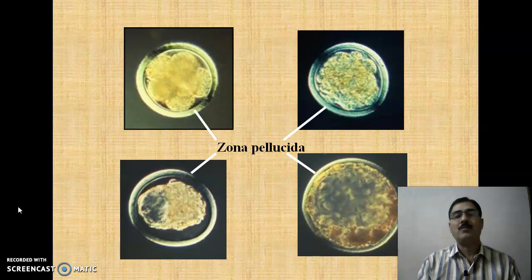Apart from it, there is clear-cut differentiation between the two parts. One part is showing the inner cell mass, and the different colored region is of the trophoblast, which later on will form the placenta proper.